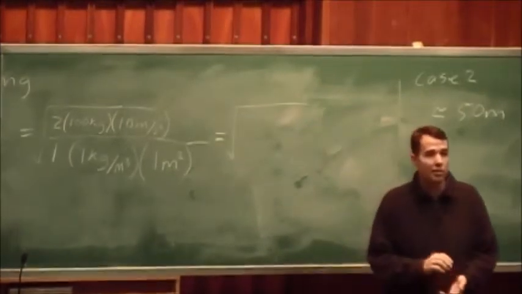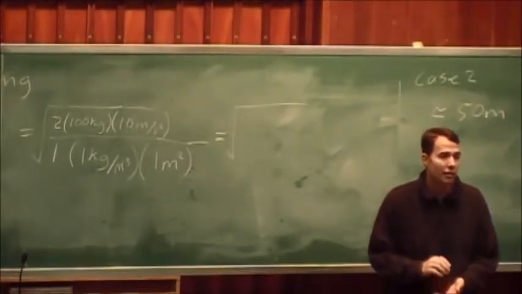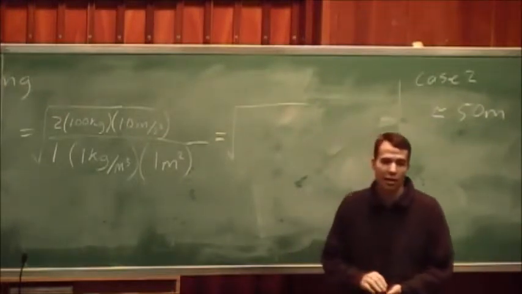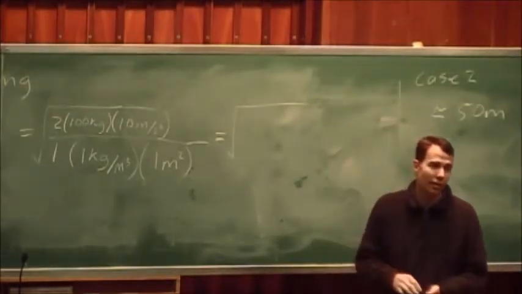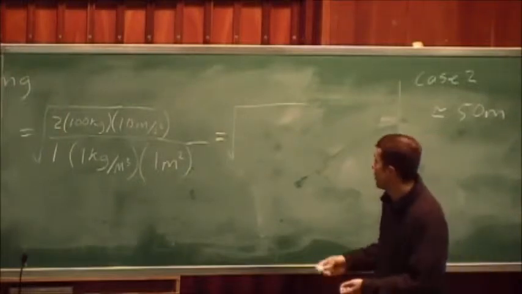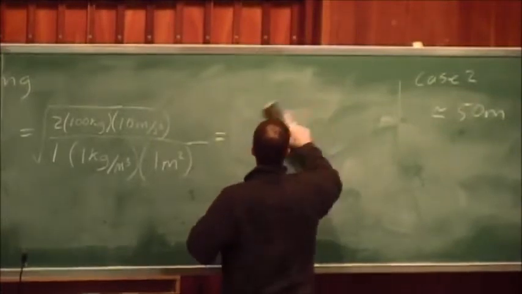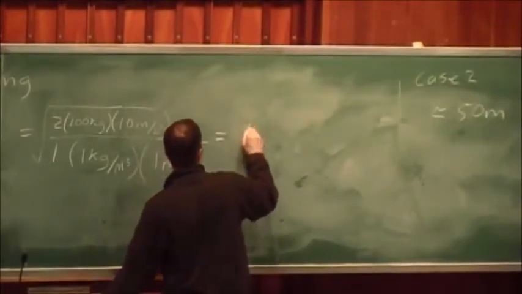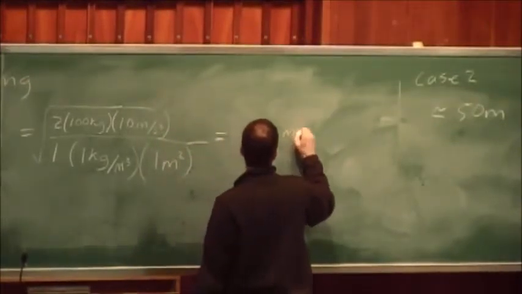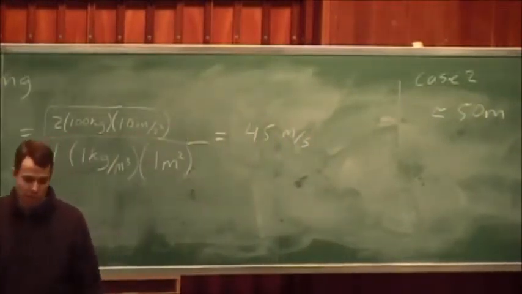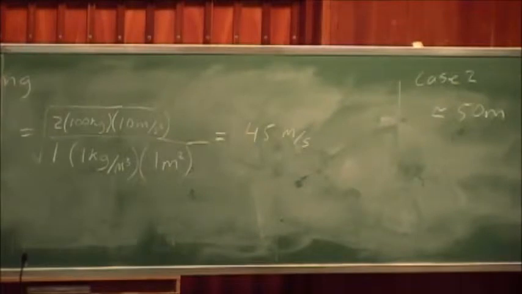So 30 squared is 900, right? And 40 squared is 1,600. So let's say about 45. So it's about 45 meters per second, which is like 110 miles per hour.